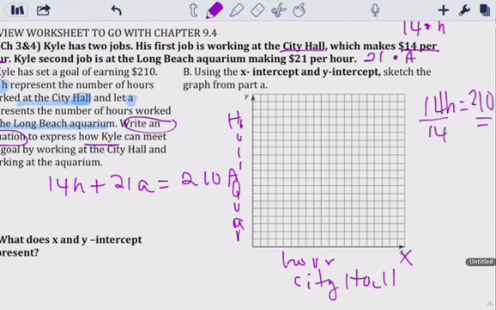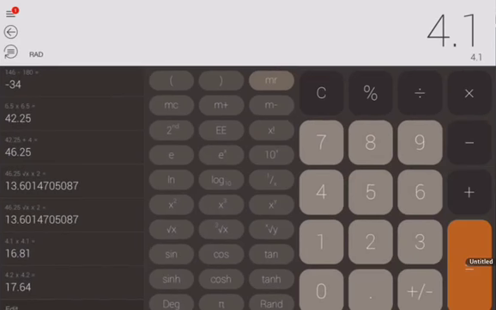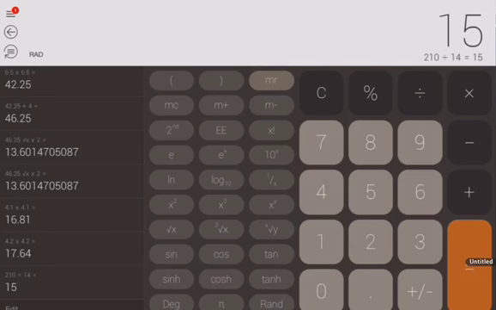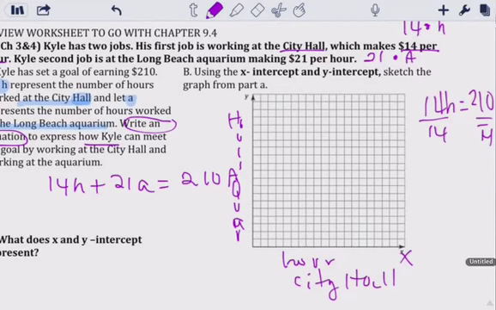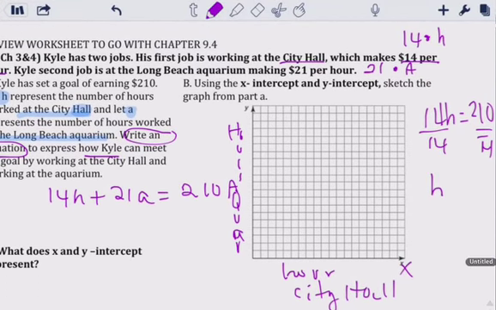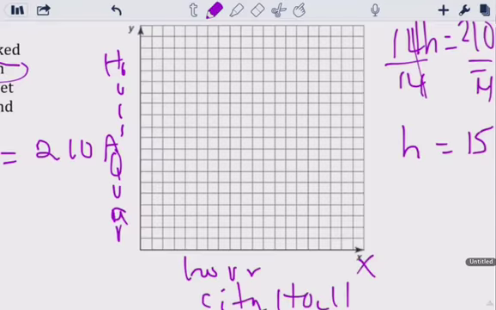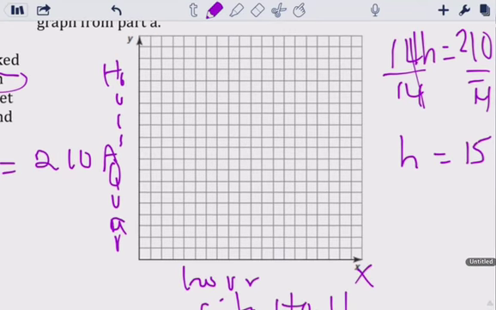So if you divide 210 by 14, that is 15 hours. So you work a total of 15 hours at City Hall, and you will make the $210 Kyle wants.